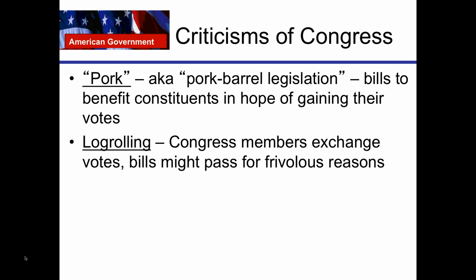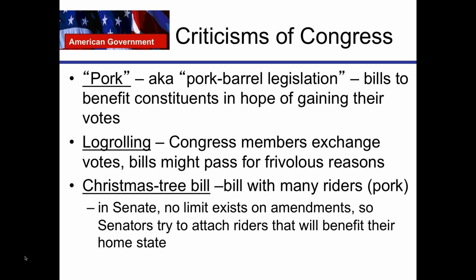So it's kind of a you scratch my back, I'll scratch yours kind of reasoning. You also have Christmas tree bills, and these are bills with many riders. Lots of pork. So in the Senate, no limit exists on amendments, so senators attach riders that will benefit their home state in order to get votes. You can have a ton of different topics in one bill with this Christmas tree bill.